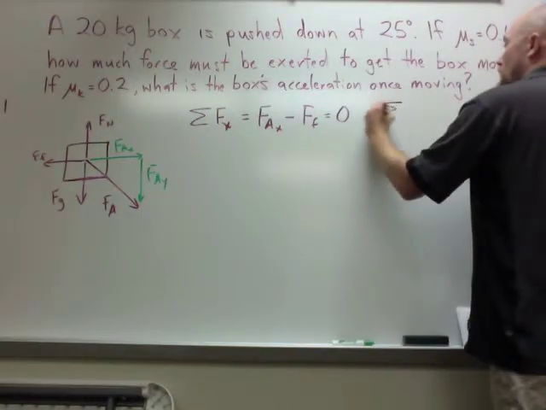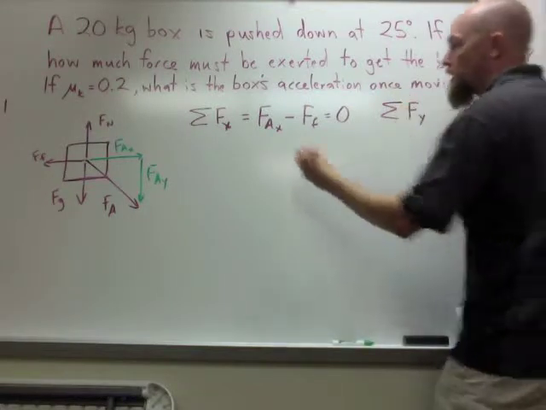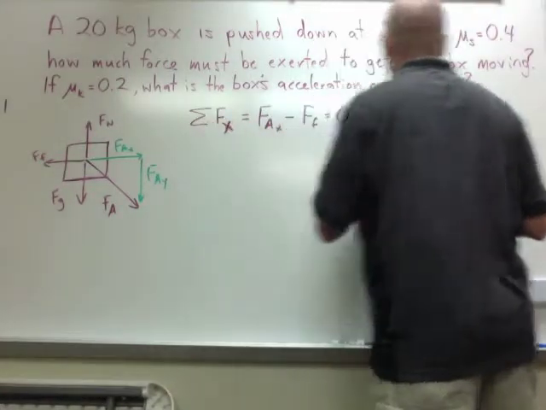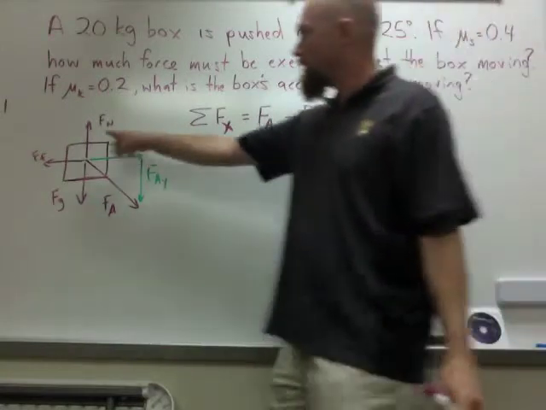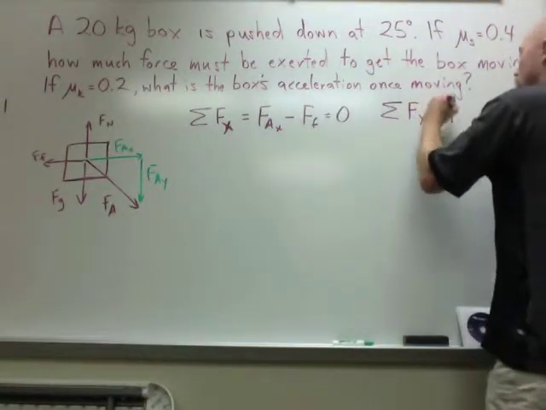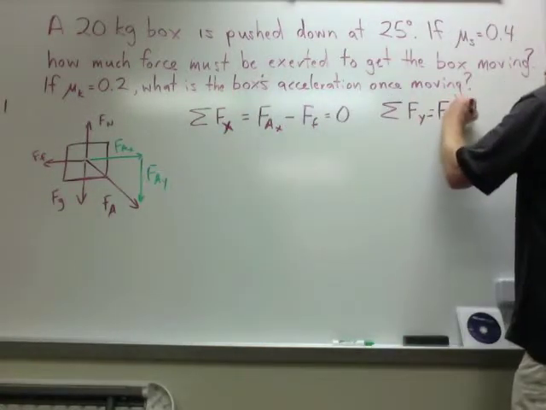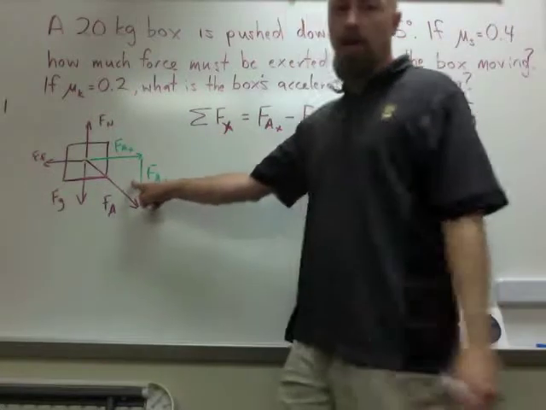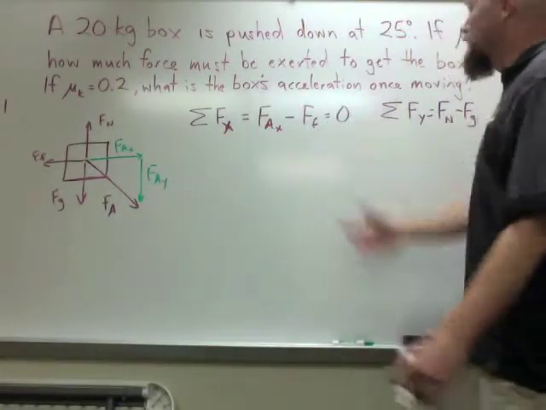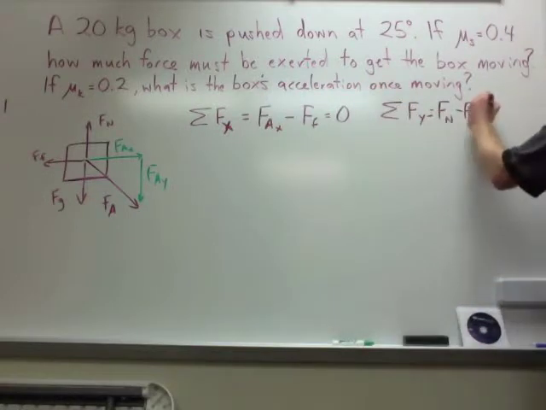So there's one equation, and my other equation is the sum of all the forces in the y direction. I have Fn minus Fg minus Fay. Step 2 is use your picture to write your equation.